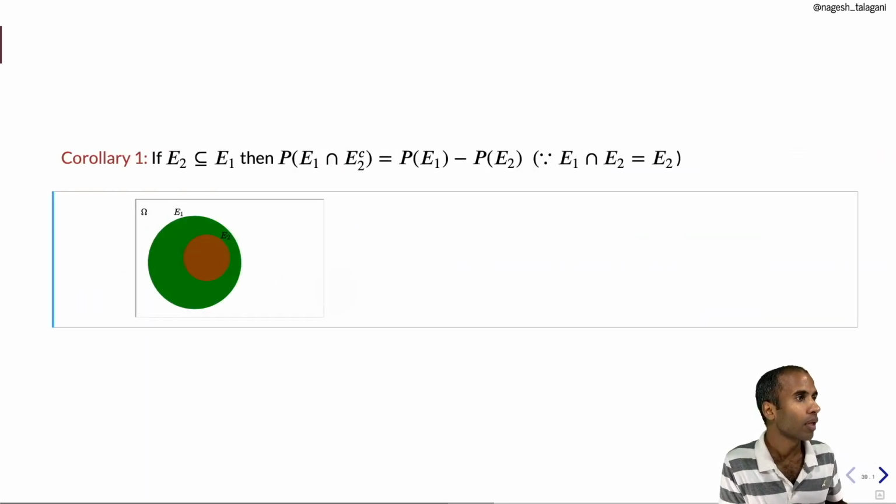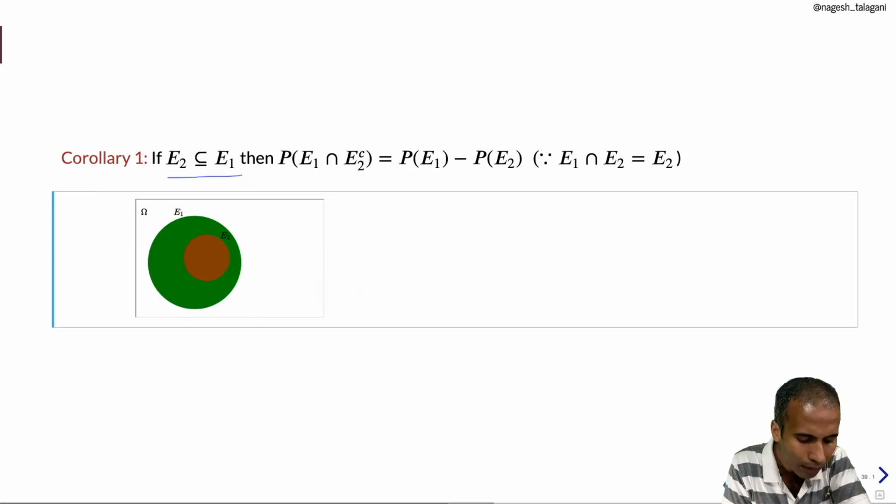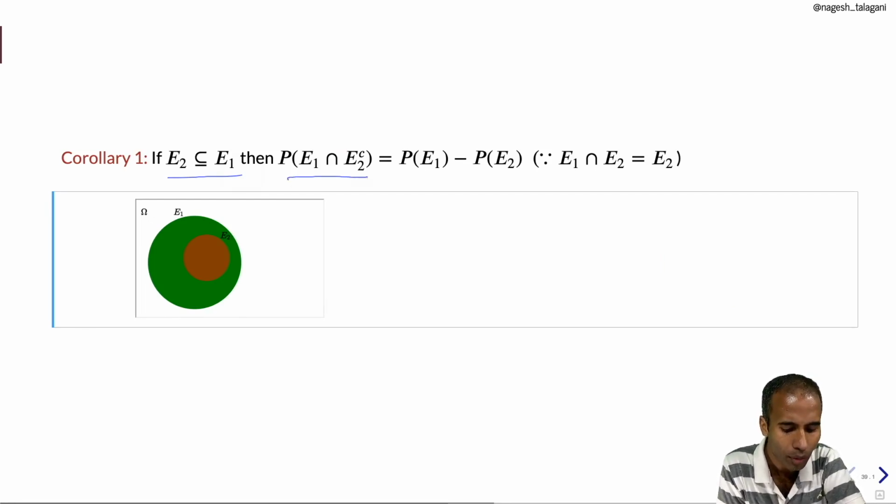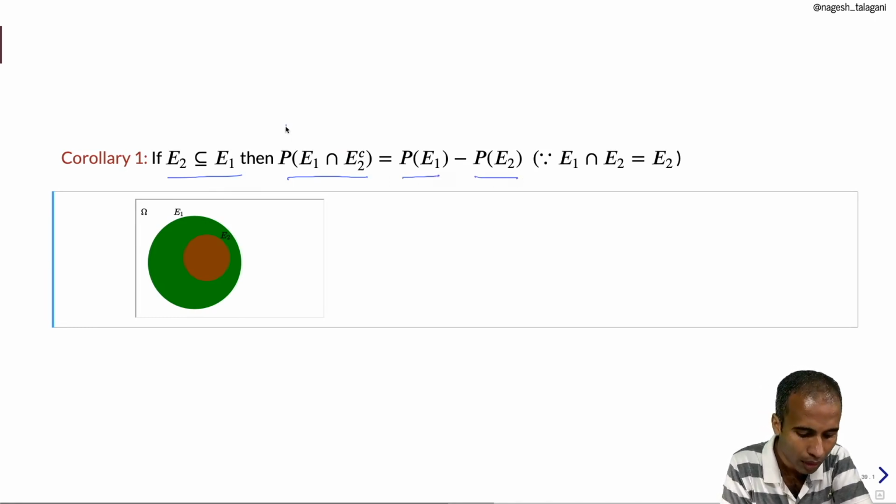Next, corollary 1. If E2 is subset of E1, then probability of E1 intersection E2 complement equal to probability of E1 minus probability of E2. I can also write like this: probability of E1 minus E2 equal to probability of E1 minus probability of E2 whenever E2 is subset of E1.